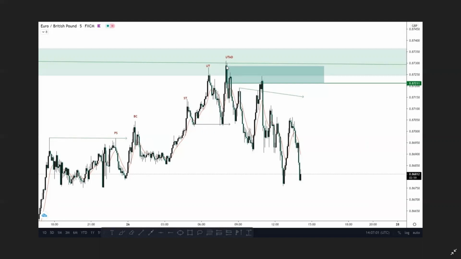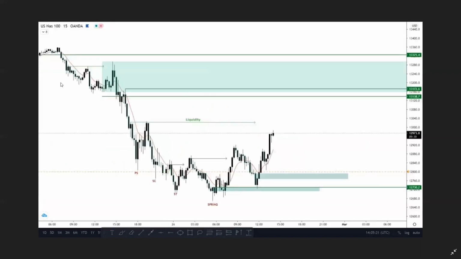So this candle area was my point of interest. Price retraces, and this little liquidity line, trend line that was being built here got taken out. My entry came in, and then price started selling off. So this is exactly an example of distribution in play on EURGBP.